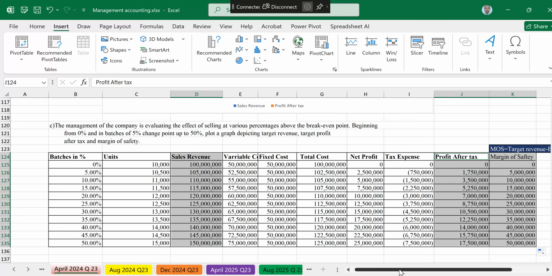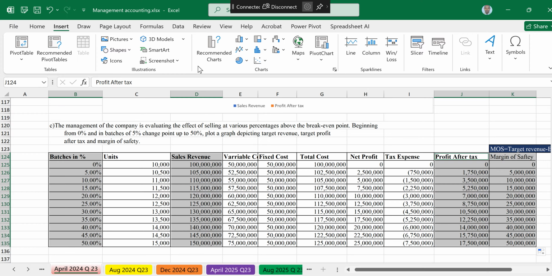So I'll be including the batches from the percentage batches. So start with the batches in percentage, go to the sales revenue, then go to the profit after tax and also the margin of safety. So I've just included the batches.